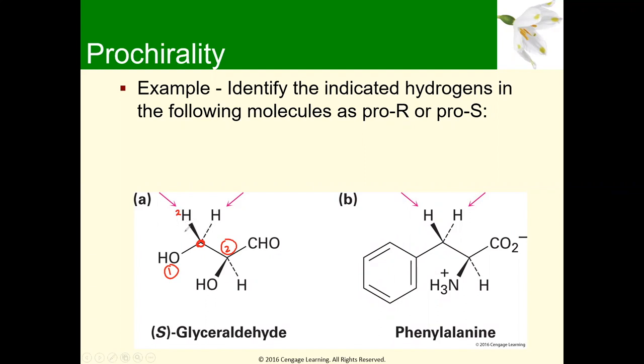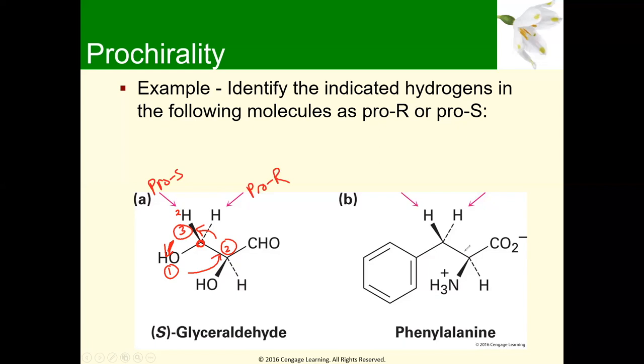So that means it's going to have priority 3, right? Because deuterium has a higher priority than hydrogen, but a lower priority than carbon. So 1 to 2, 2 to 3. It's like I'm making a left-hand turn, going counterclockwise. So that hydrogen right there is pro-S. And if I did that right, then you don't even have to do the analysis again, because by default the other one is going to be pro-R.